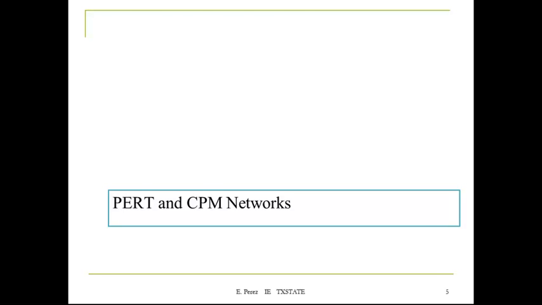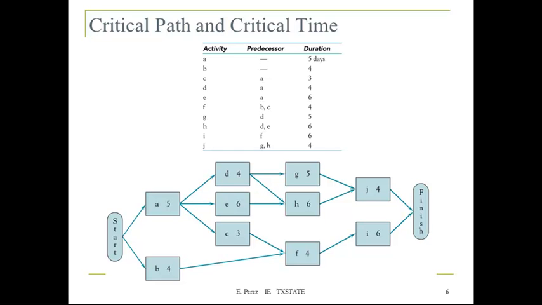Before we get to that point, let's just review very quickly what we did last time. We were able to develop two types of networks, an AON and an AOA network. Here I have an example. You have this information: the predecessors, the activities, and also the duration.